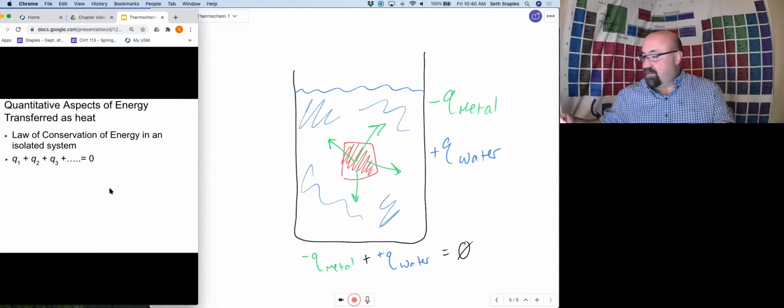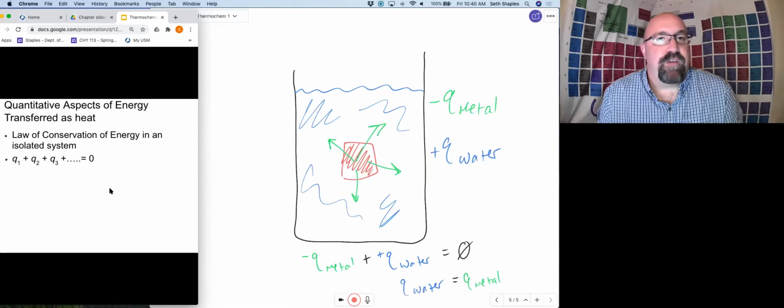Another way to look at that is that the Q that the water gains must be equal to the Q that the metal loses. There's our conservation of energy.